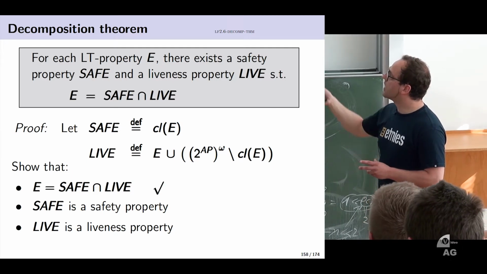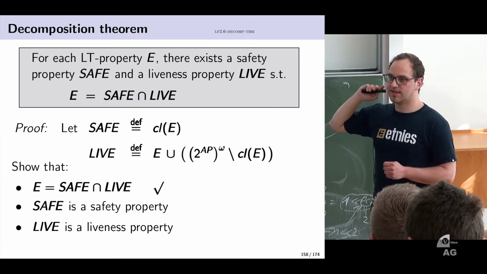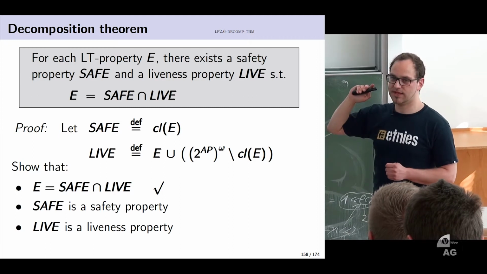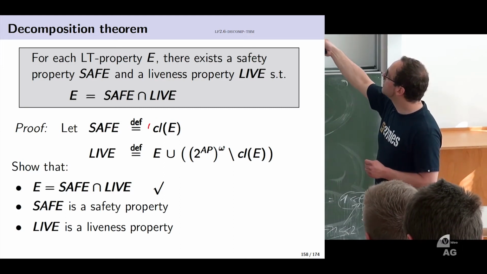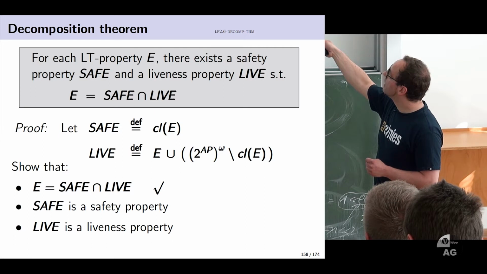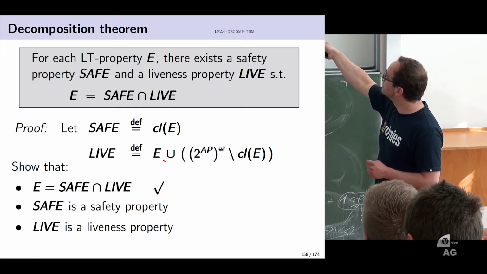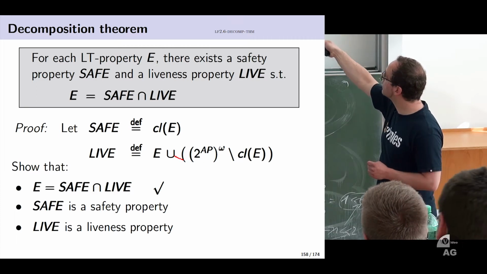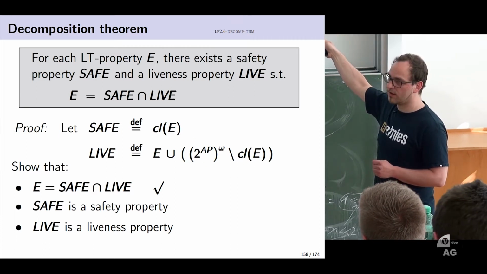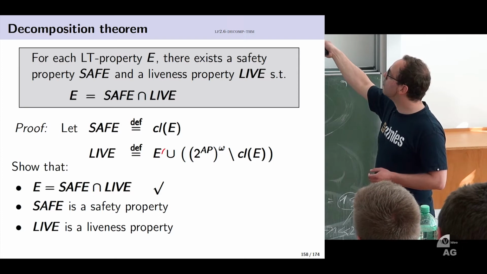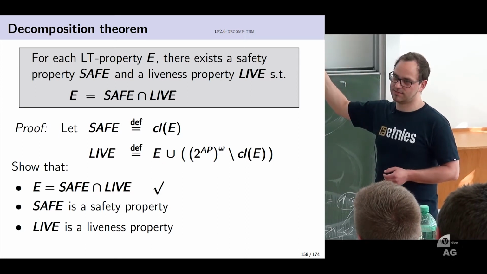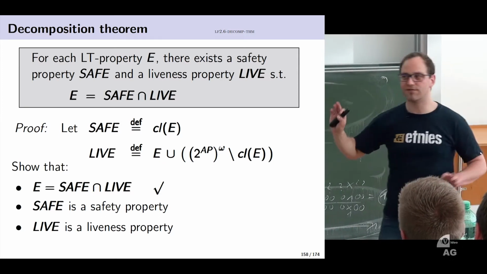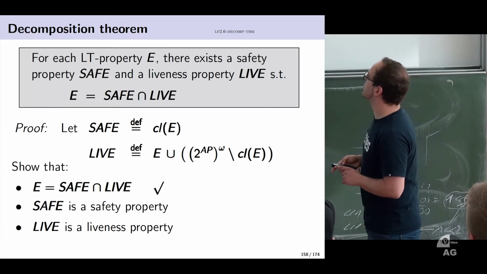I would argue it's more or less obvious that the intersection of them is E again. If you take the closure of E intersected with E union the complement of the closure, and resolve that, what remains is just E. That's rather straightforward, so let's not do it here.